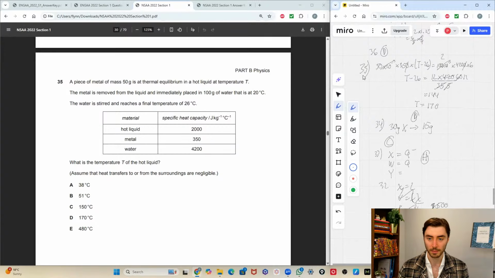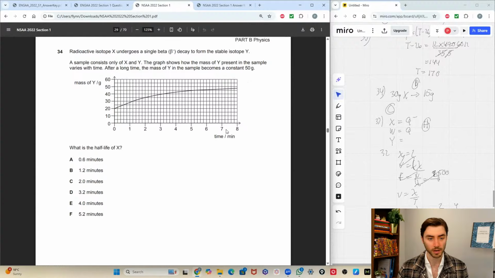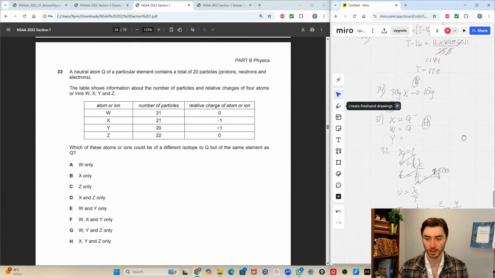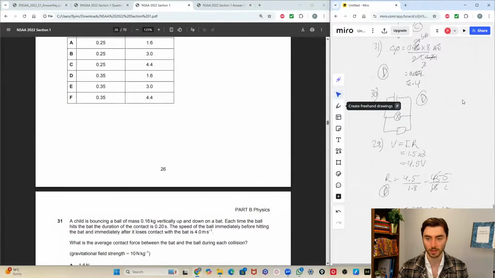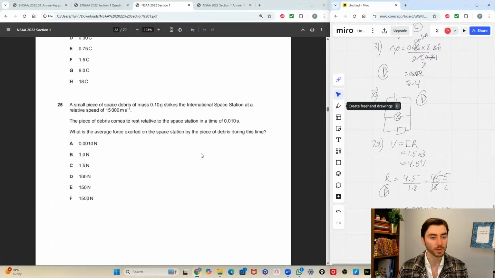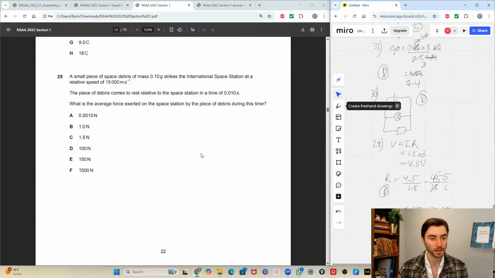Well, that's poor exam technique on my part if I can't find the one I got wrong. 34, 33, 32, I have an answer. 31, I have an answer. Oh, it was the circuit question. So I got 2 minutes to get it done.